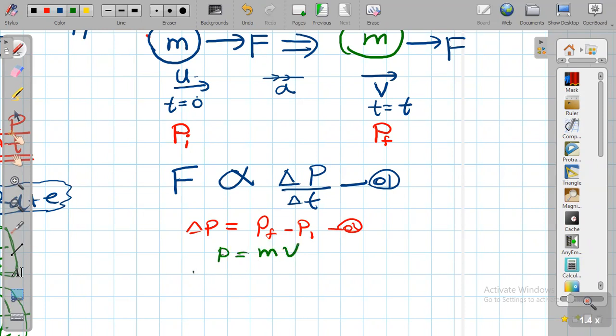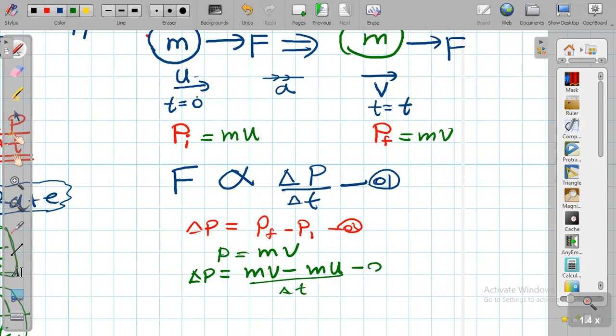So delta P is going to be mv minus mu. Why? Final momentum Pf is mv, initial momentum Pi is mu, over a time of delta t.